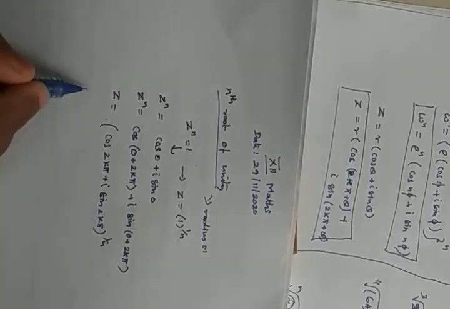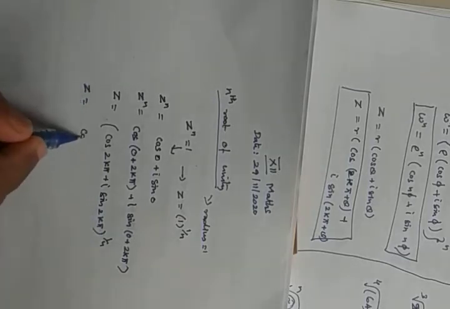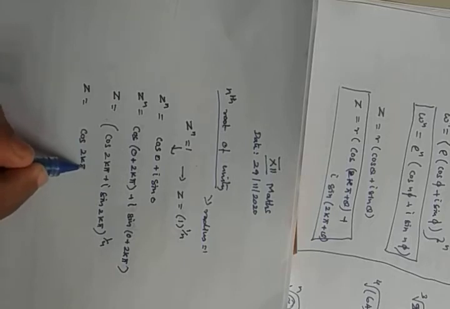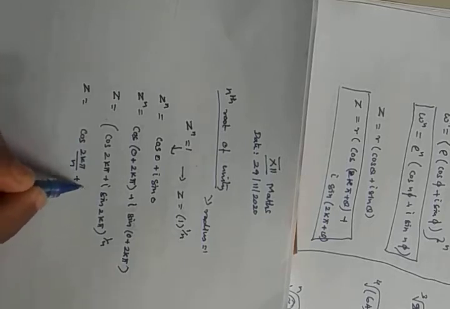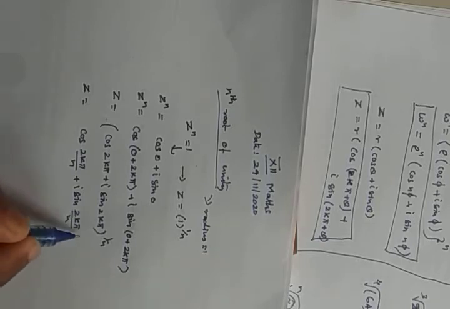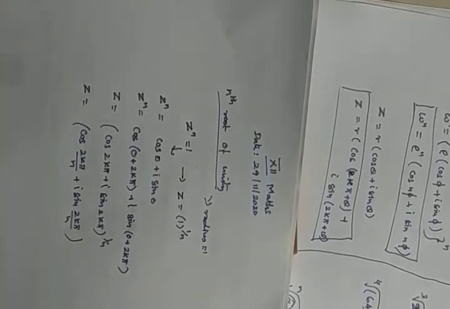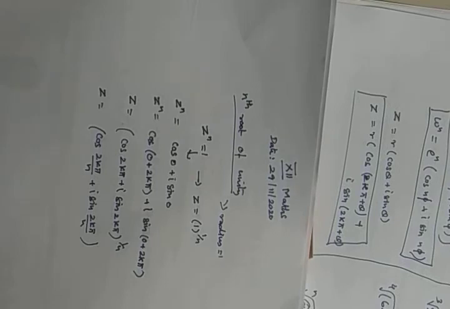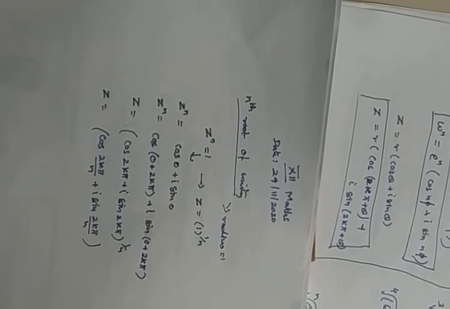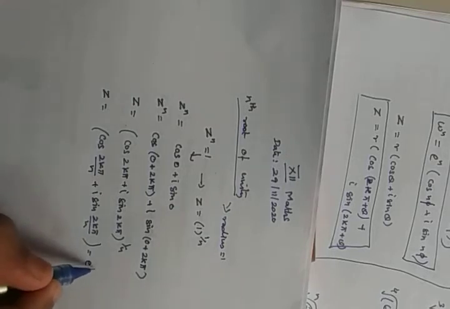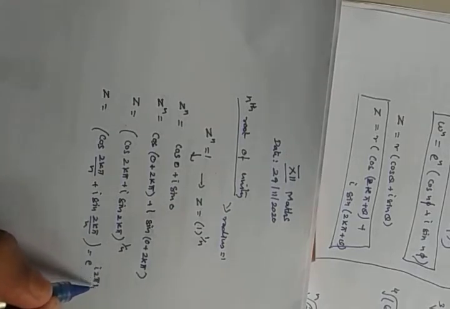By using Euler's formula, we can write this as cos(2k pi by n) plus i sin(2k pi by n). So this is the nth root of unity. Keep this in mind, and everything will be easy. The Euler form we can write is e power i 2k pi divided by n.